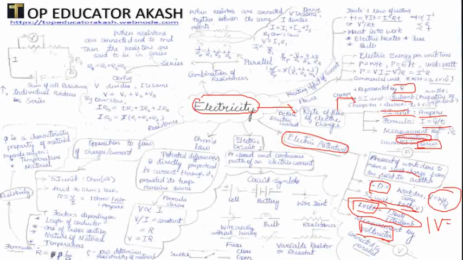So how is it connected? It is connected in parallel combination. This is the representation for voltmeter. So I will explain this. Suppose you think this is the circuit, and suppose you think of this as a bulb.